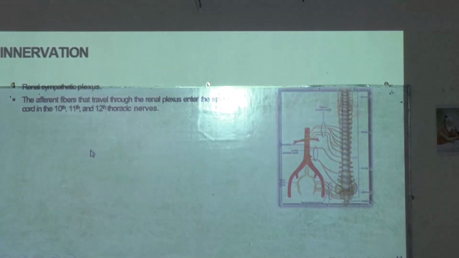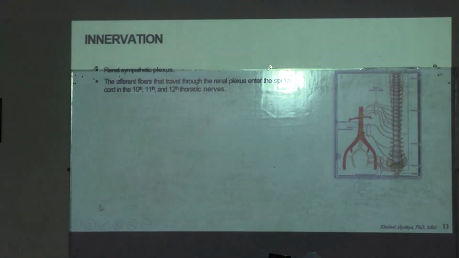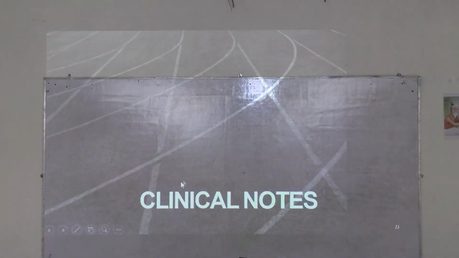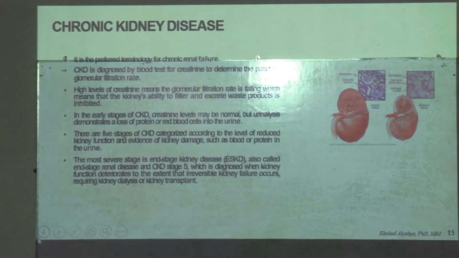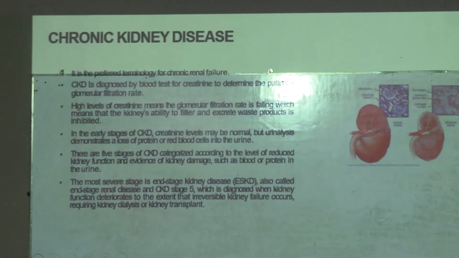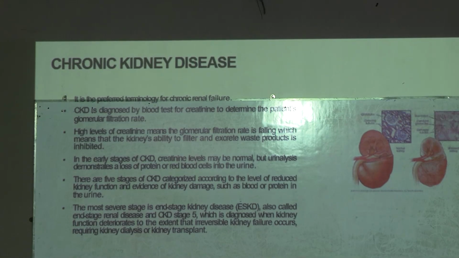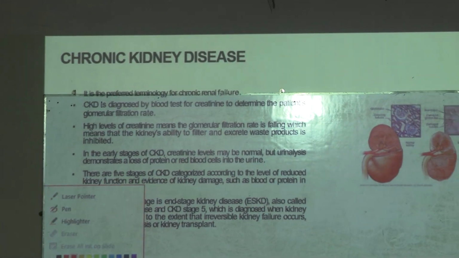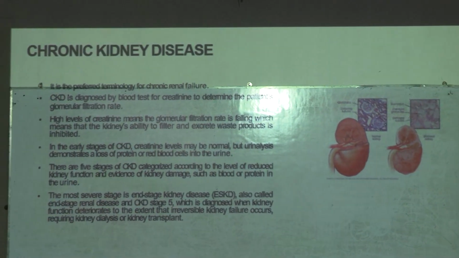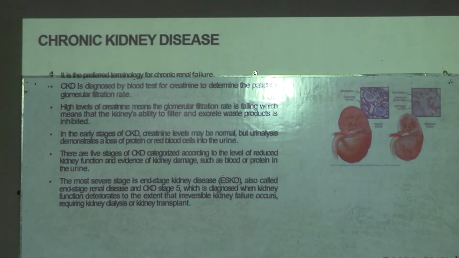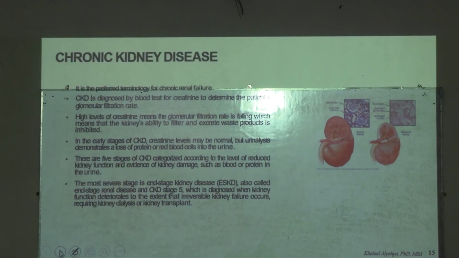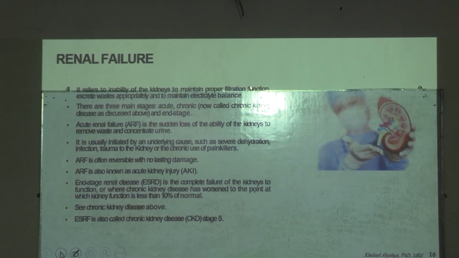Now about the clinical points. If there is obstruction of the ureter, the kidney gets affected, which is called hydronephrosis.